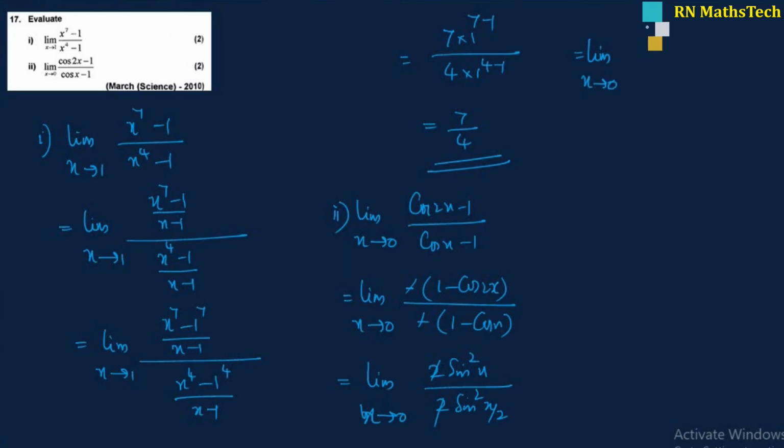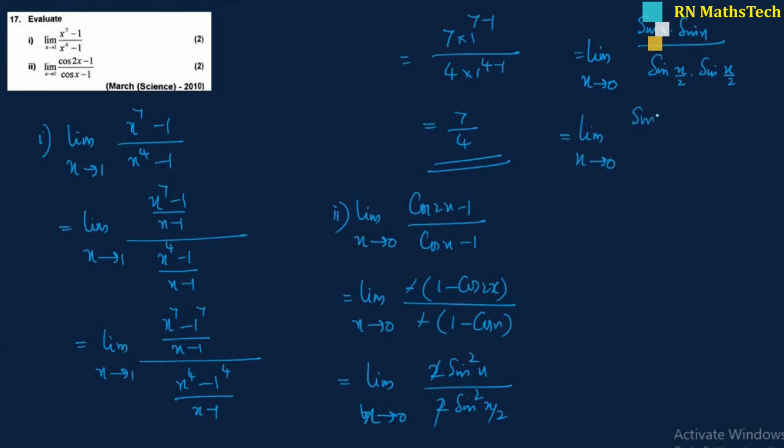See, sine square x is sin x into sin x, and sine square x by 2 is sin x by 2 into sin x by 2. Okay, so that's equal to limit x tends to 0.